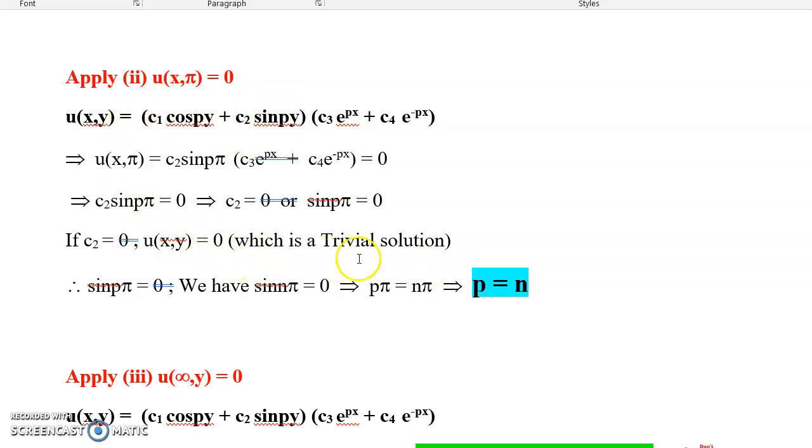This is known as a trivial solution, which we do not need. So sin pπ has to be 0. And we know the famous formula sin nπ = 0. So comparing these two, you have pπ = nπ, or p = n. So the result here we get is p = n.